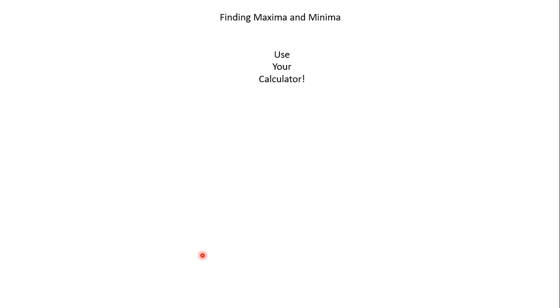It'll have you set your left bound and right bound, make a guess, just like with zeros, and then boom, you have your maximum or minimum. That's all that we're going to do with finding it. In fact, it'll probably even say, find the maximum and minimum using your calculator. So don't worry about doing anything algebraically with that. That is all calculator stuff.